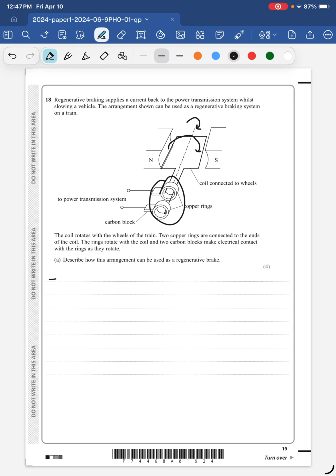So let's start by stating that a rotating coil gives a changing magnetic flux linkage, right?